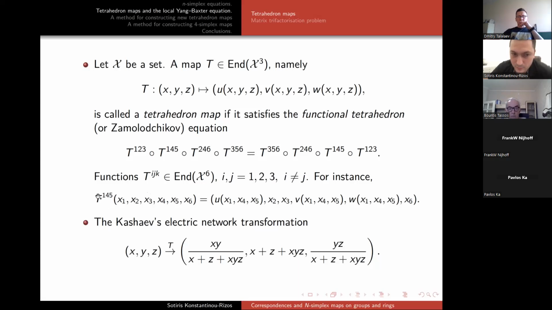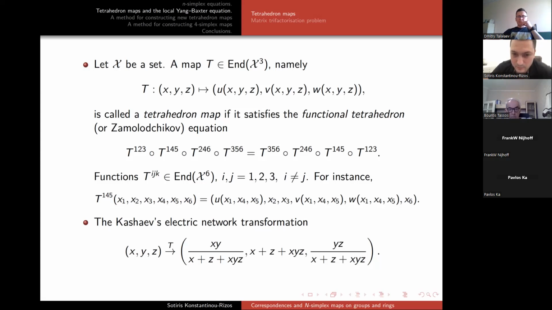So, for example, T with upper indices 1, 4, 5 means that this function acts on the first, fourth, and fifth elements exactly as the map. So it changes the first, fourth, and fifth to the functions U, V, and W of x1, x4, and x5, and the rest remain as they are.